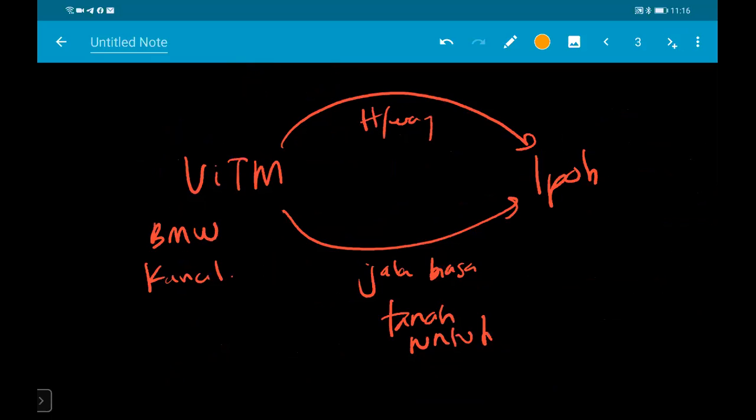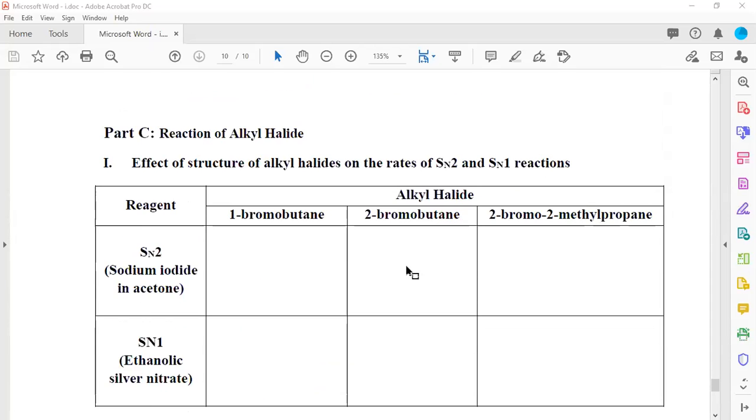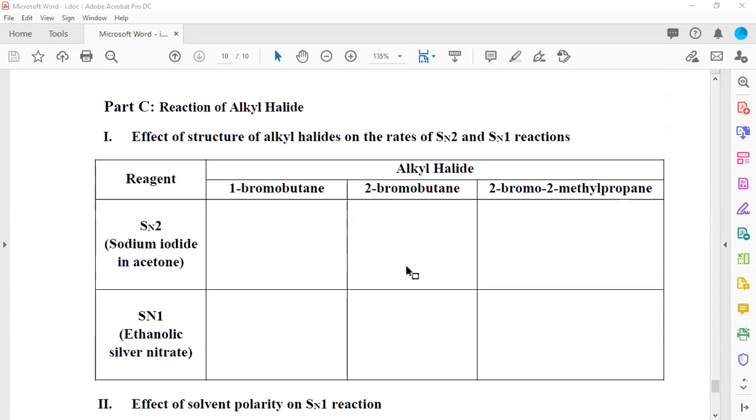Alright, the alkyl halides. Okay, so I'm going to show you back again yang slide menu tadi. So as you can see here, this is what your experiment is all about. We're going to study contohnya pertama, effect of structure of alkyl halide on the rate of SN2 and SN1 reaction.